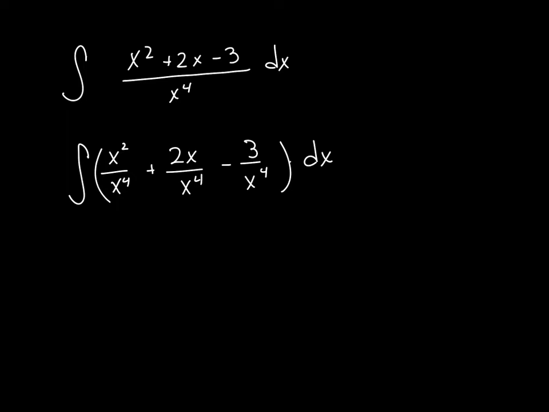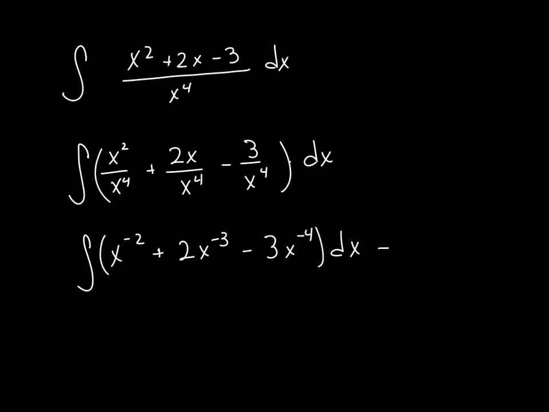We're going to bring those exponents up and reduce all of them. So that's x to the negative 2 plus 2x to the negative 3 minus 3x to the negative 4, all of that with respect to dx.